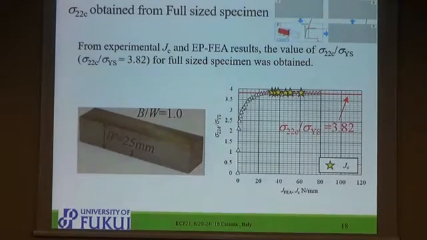The relationships between σ22D, σ22 measured at the distance from the crack tip equal to 4δ at the specimen midplane, and JFEA are summarized in this figure. From experimental JC and EP-FEA results, the value of σ22C over σys equal to 3.82 for the full-size specimen was obtained.